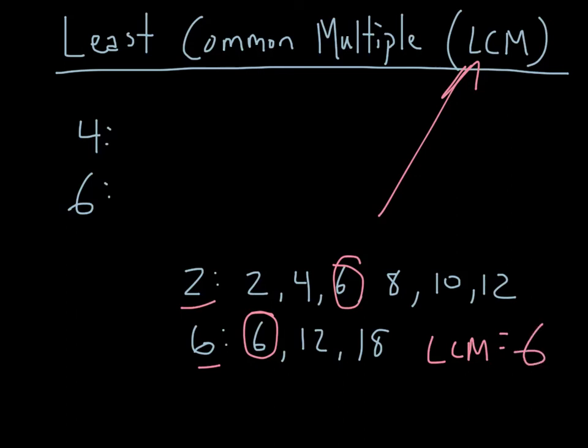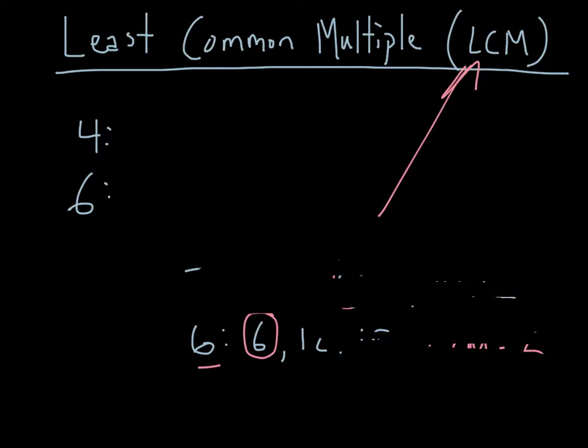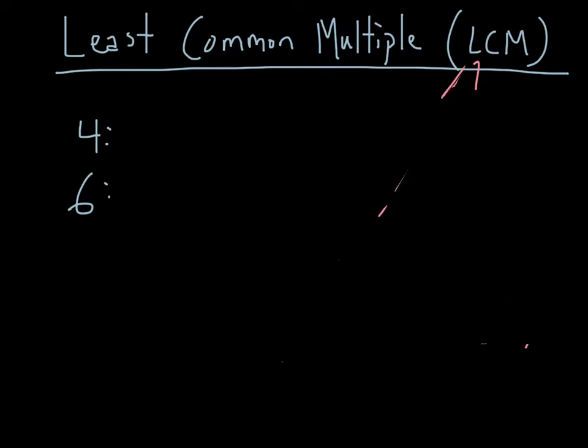But let me show you how you can figure out the least common multiple of a pair of numbers a little bit faster than that. So instead of listing, I'm going to practice this with 4 and 6. But instead of listing a bunch of multiples of 4 and then a bunch of multiples of 6, I'm actually just going to start with the greater number, 6.